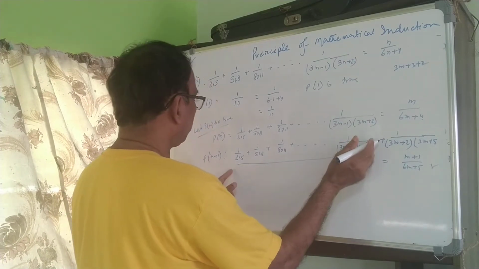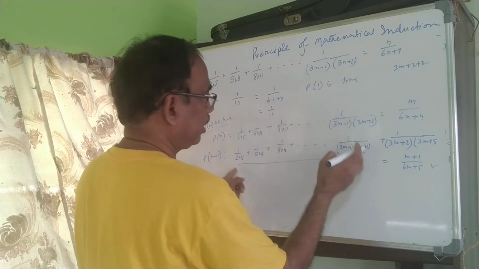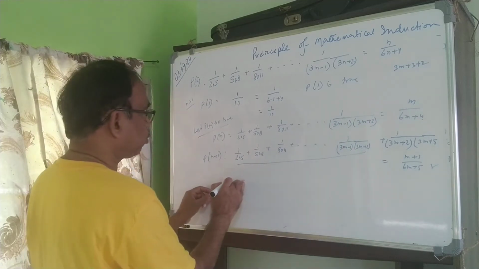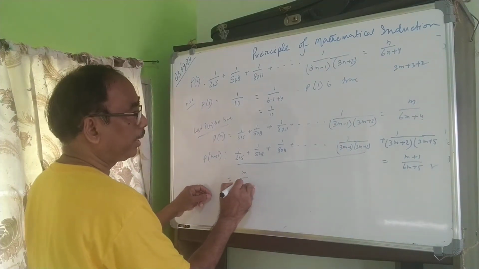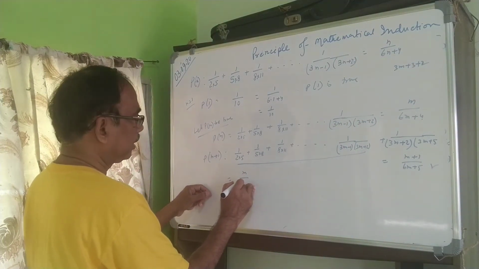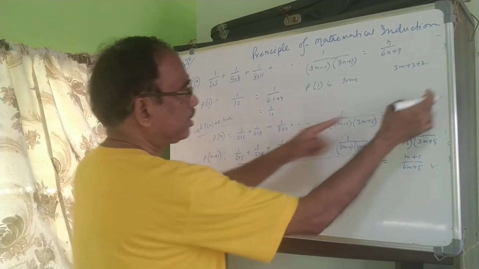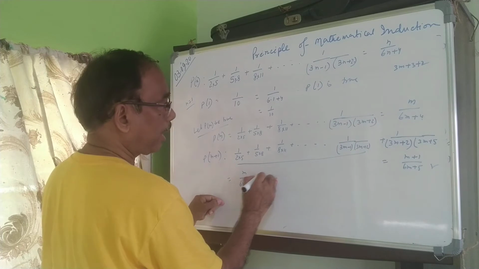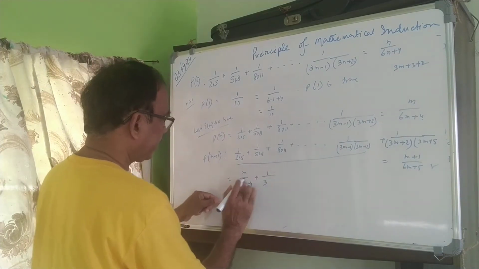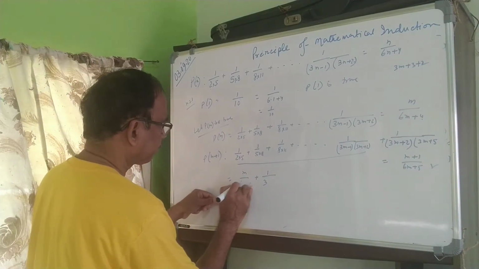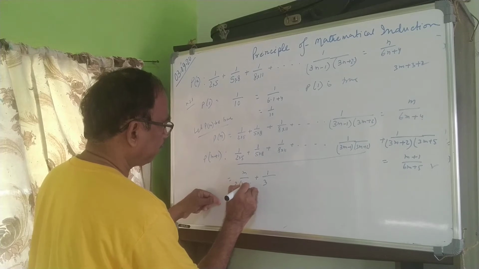We know the value of this term is m by 6m plus 4. Its value is this, plus 1 by, we can take 2 common here, 3m plus 2.